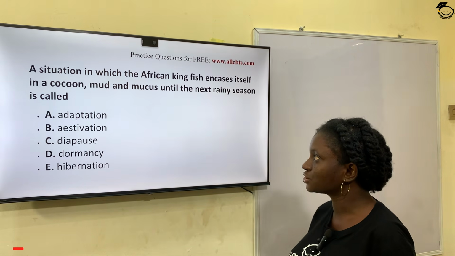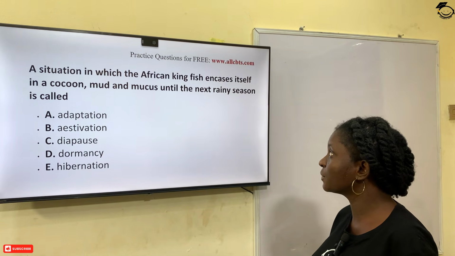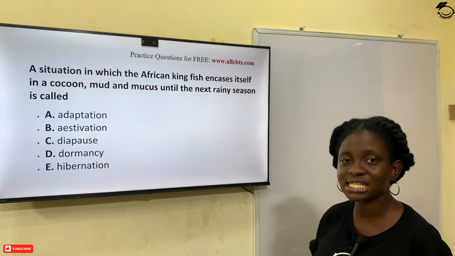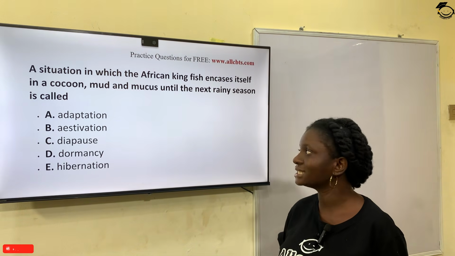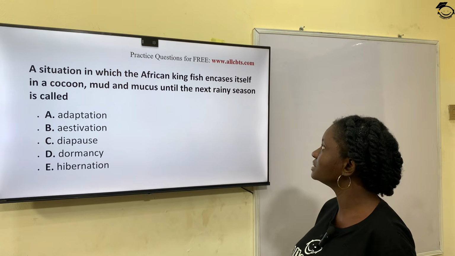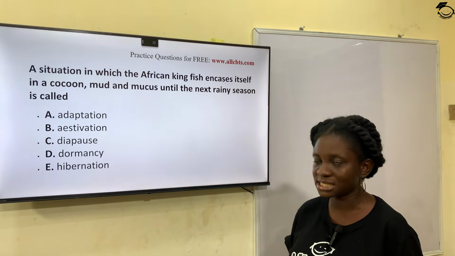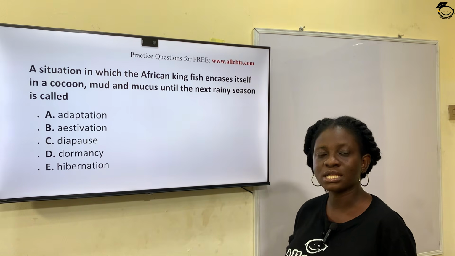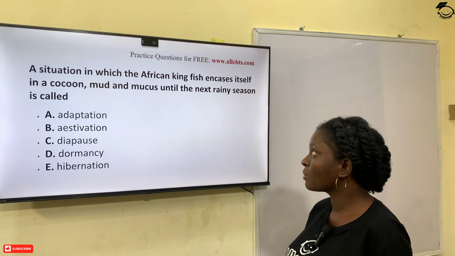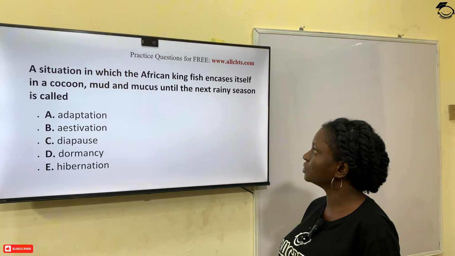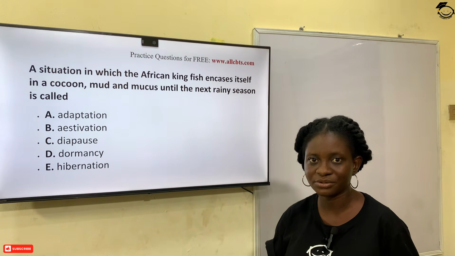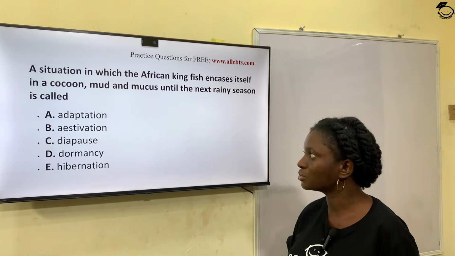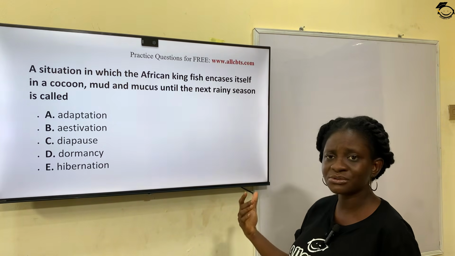The next question. A situation in which the African lungfish encases itself in a cocoon of mud and mucus until the next raining season. This process is a survival mechanism, whereby the lungfish burrows into the ground and secretes a mucus cocoon until the next rainy season.